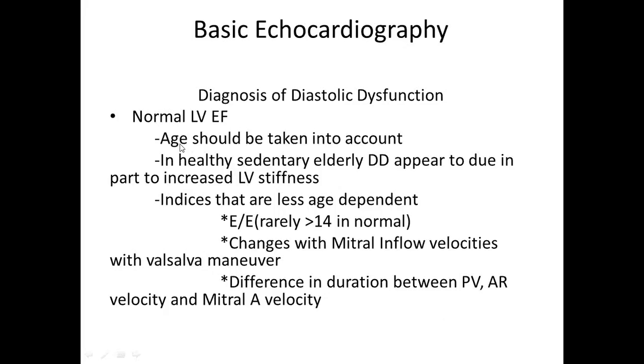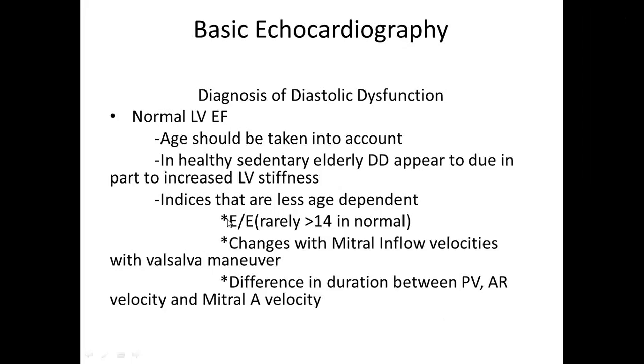That is why the E velocity gets progressively smaller and the A velocity gets larger, because they're dependent more on the atrial component to fill the ventricle. So in a healthy sedentary elderly patient, diastolic dysfunction appeared to be due in part to increased LV stiffness.